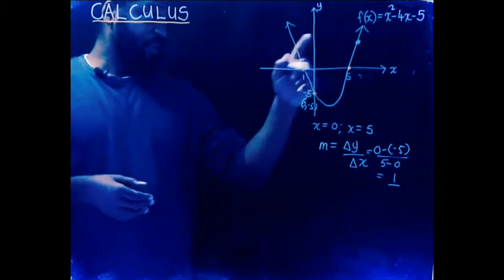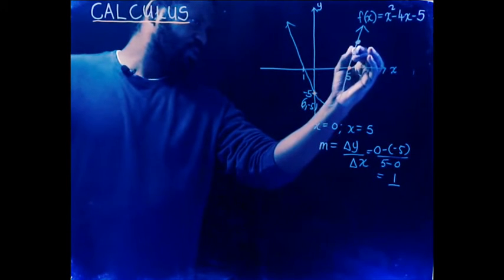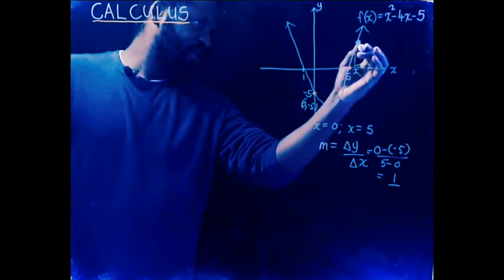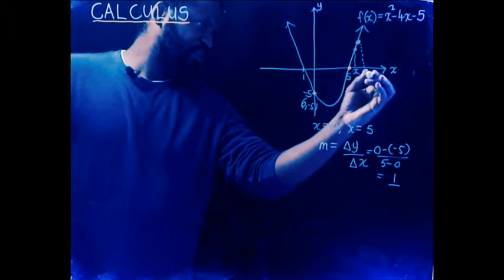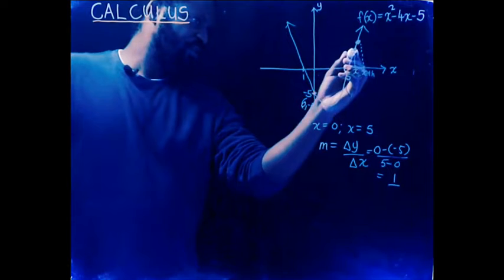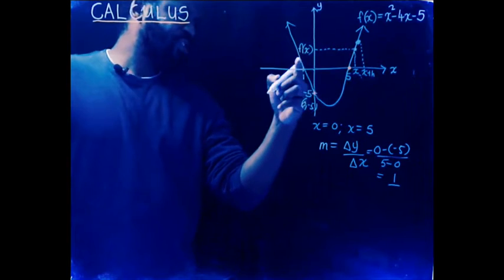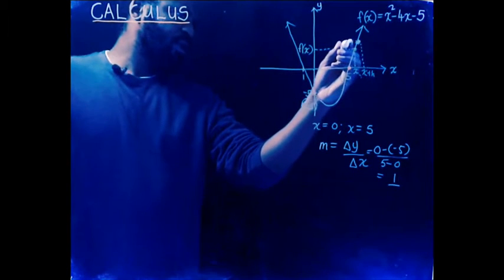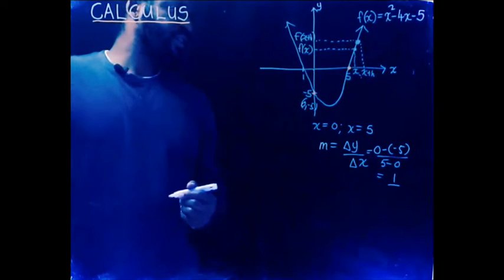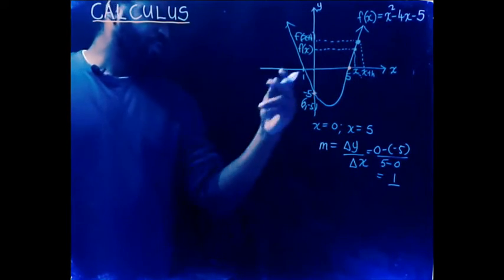How I can solve this problem of getting the gradient at that point is, what if I choose two very small points? Let's say at this point, that's the value x. Then at that point, it's going to be x plus h. So h represents a very small change along the x. Then at this point, I'm going to have f of x, the function value when the input is x. Then here, I'm going to have the function value when the input is x plus h. So I can work out the gradient by using the gradient formula.